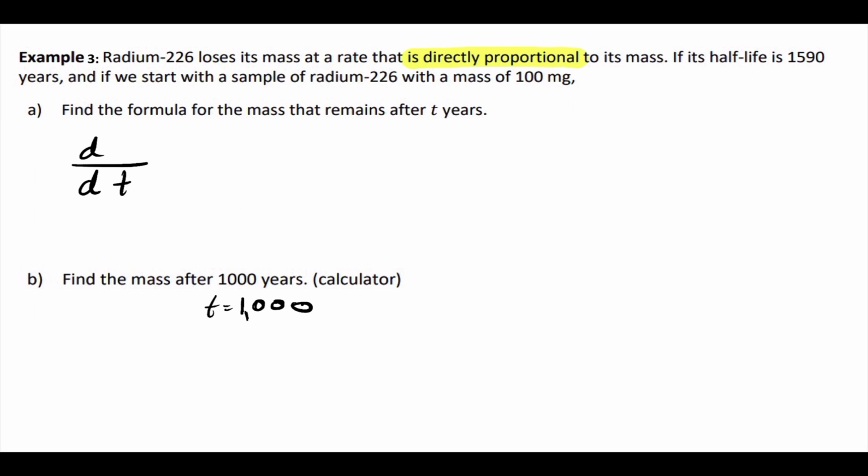What about the top? They say radium-226, which is an element, right? They don't really say what variable. M, I guess, for mass we could use, or R for the amount of radium. Either one is okay, dR or dM. So that's going to equal kR.